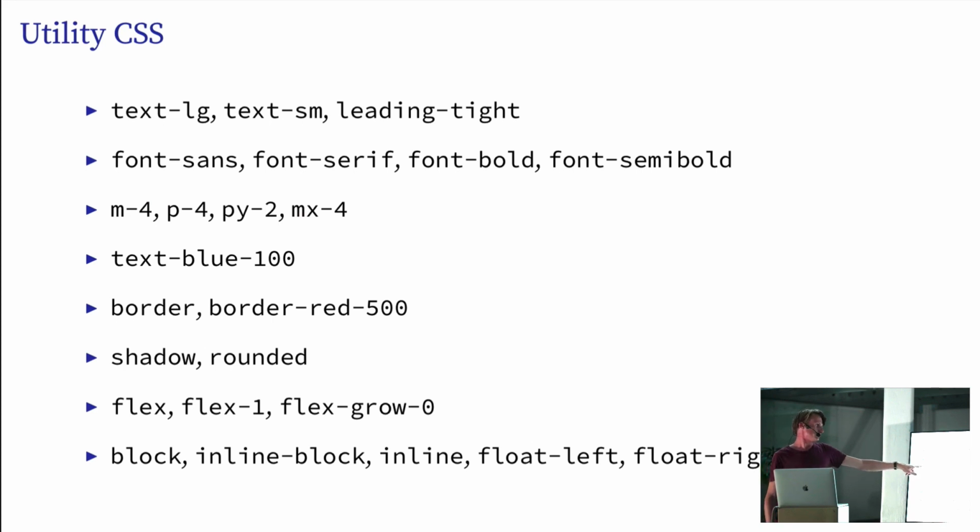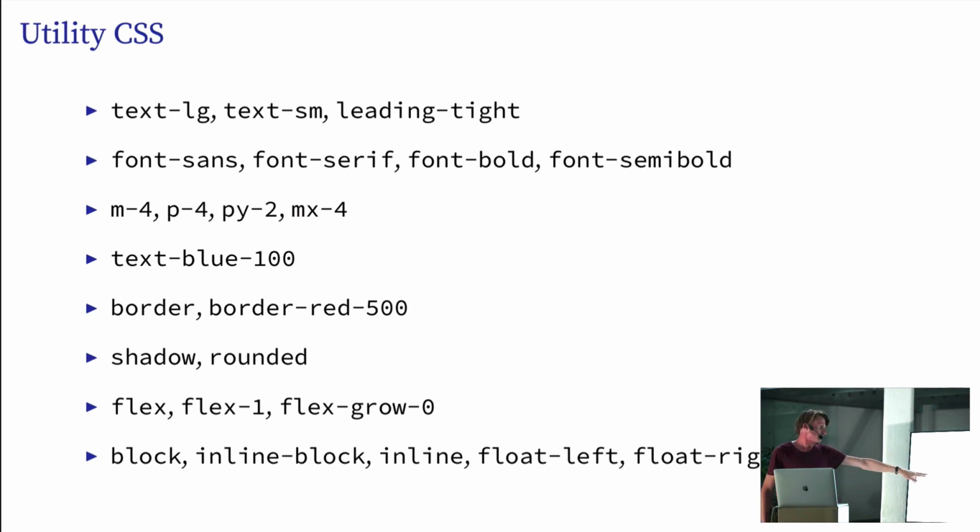You just use m and p, because margins and paddings are so common, they have a very short prefix. Then you have y for the vertical direction and x for the horizontal direction, so you can say you just want some spacing in a certain direction. And you also have t, l, r, b for top, left, and such.